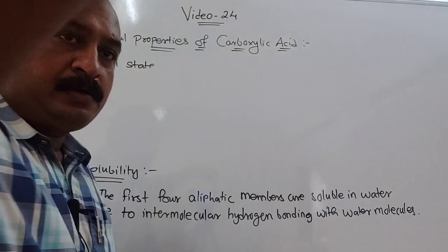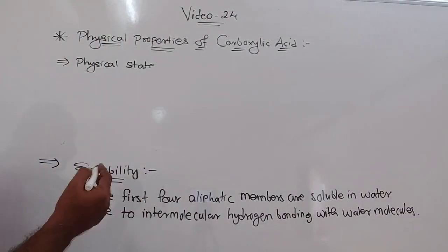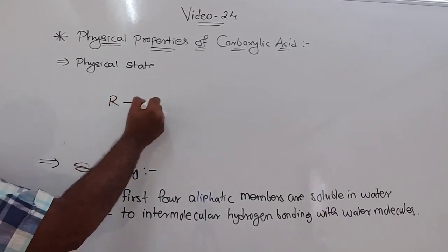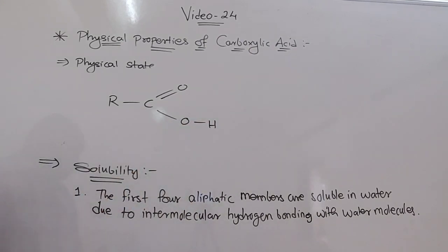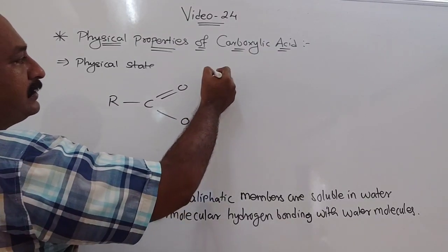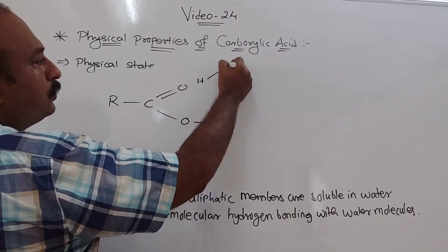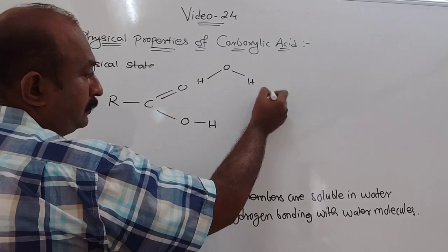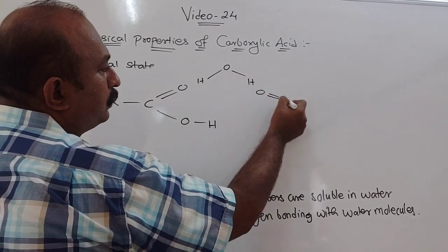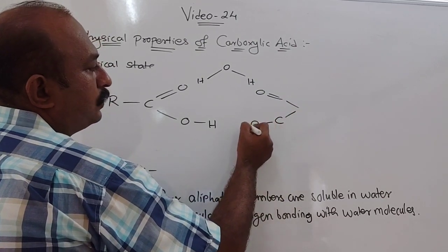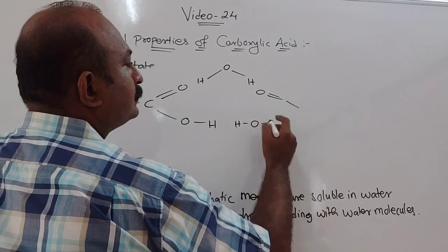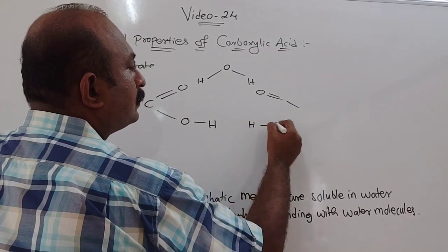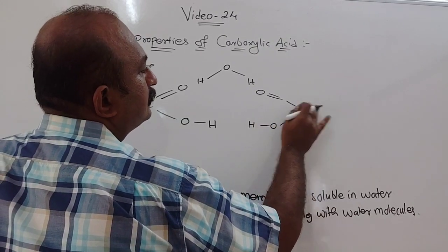Intermolecular hydrogen bonding means, you can see here, I will write C double bond O, dash O dash H. Understood? So in this case, this is one molecule, and another water molecule I will write like this, H2O, then another C double bond O, dash O dash H. Clear?